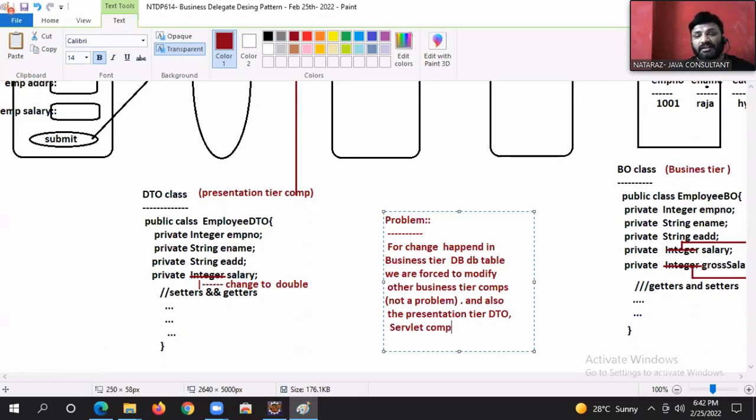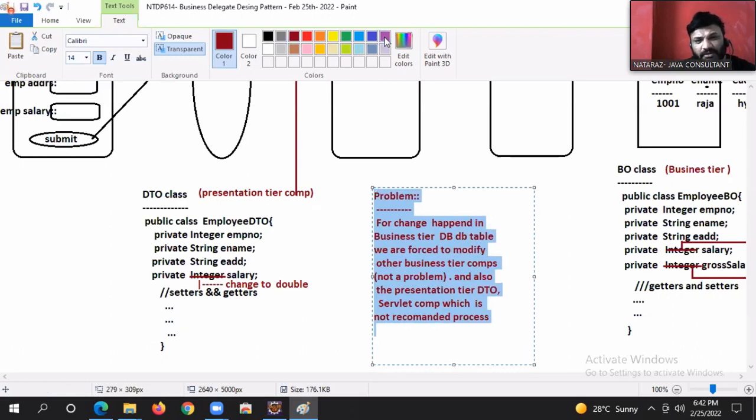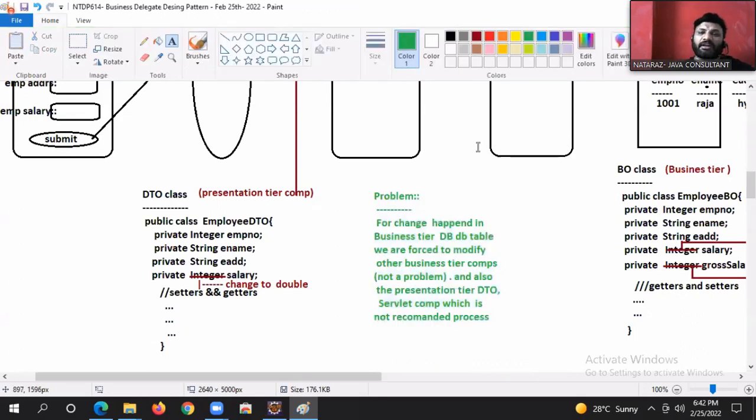Array DTO is there, which is a quiet issue, which is not recommended process. Definitely which is not recommended process, guys. Do you think it's a recommended process? This is not at all recommended process.